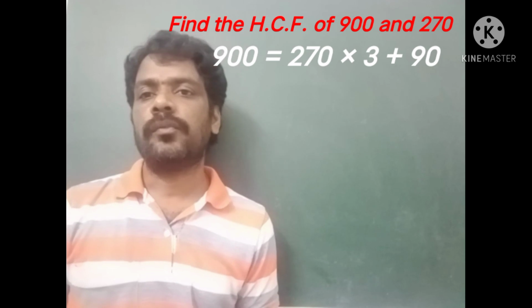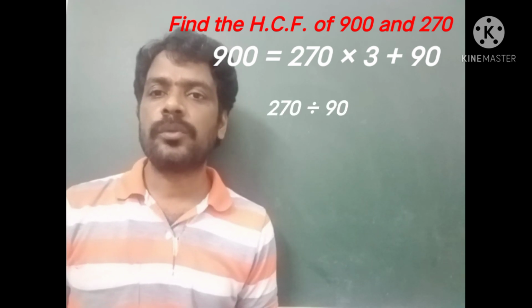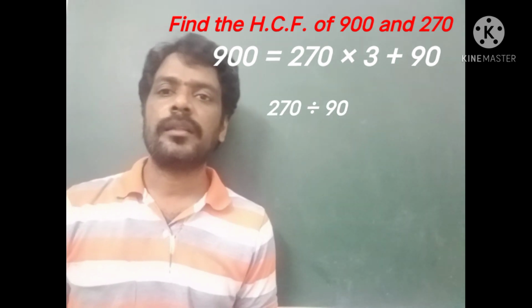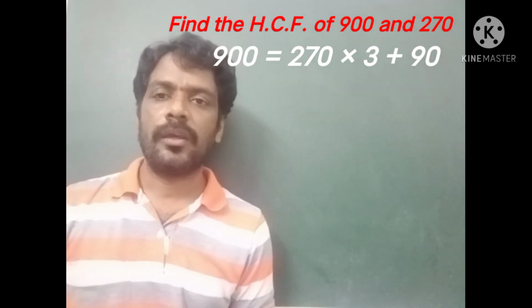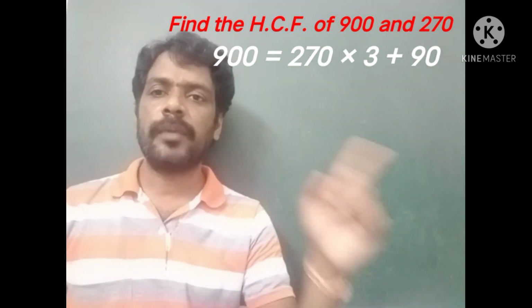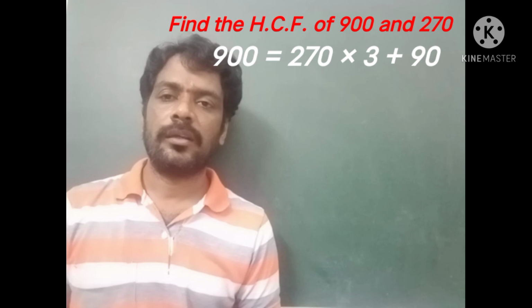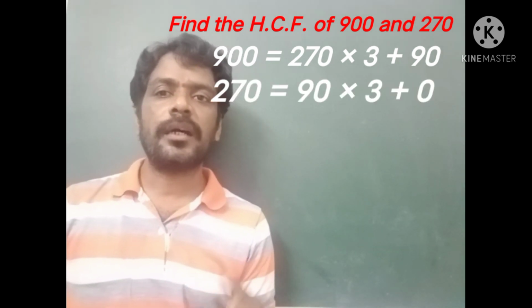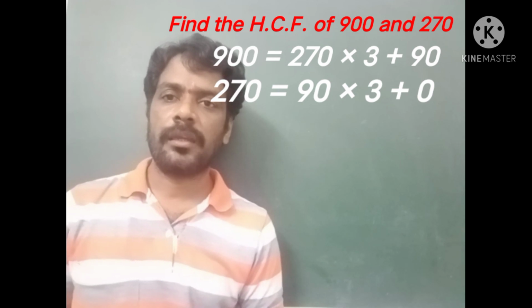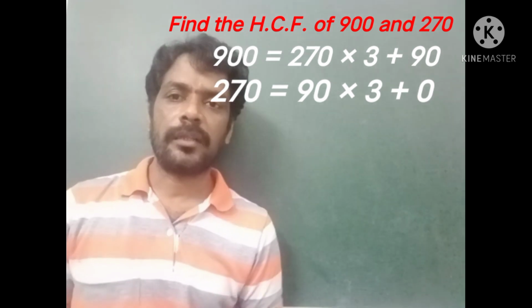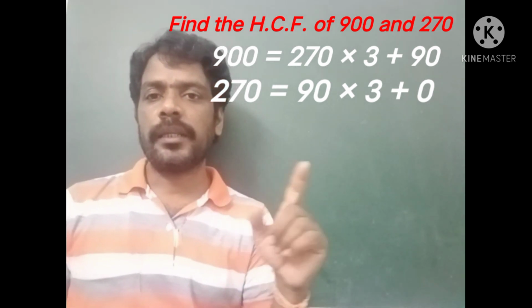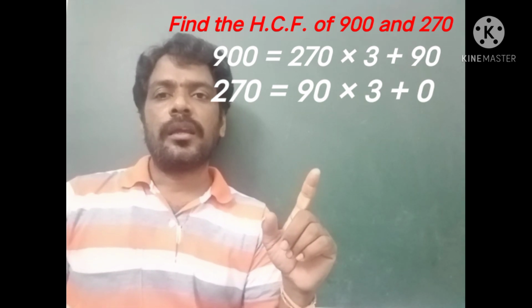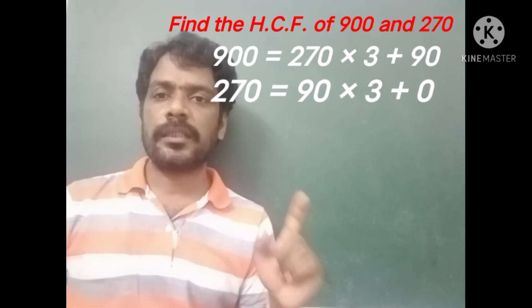Again we have to divide the divisor 270 by the remainder 90. So 270 is divided by 90. In 270, 90 is 3 times, and there is no remainder. So 90 into 3 is nothing but 270.